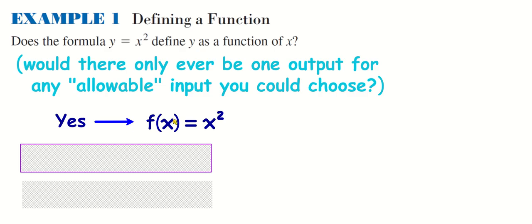So we can actually use the fancy function notation, f of x. Hopefully that sounds familiar from algebra 2. But instead of writing your equation as y equals x squared, you can write it as f of x equals x squared because it is a function.